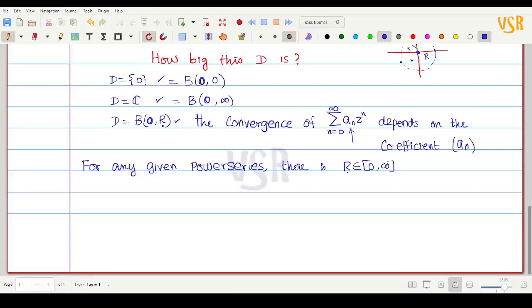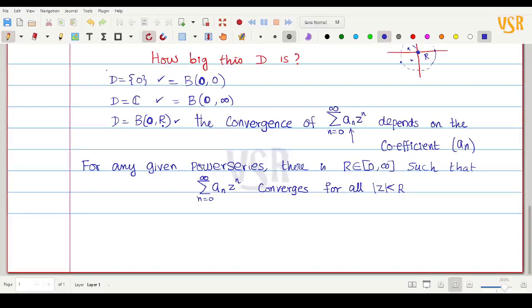So ball with radius R, that is R such that this power series summation n equal to 0 to infinity a_n z to the power n converges for all z with mod z less than R. இப்படி நான் ப்ரூஃப் பண்ண போறேன். எந்த பவர் சீரிஸ் கொடுத்தாலும் எனக்கு அட்லீஸ்ட் வெறும் 0ல மட்டும் தான் கன்வர்ஜ் ஆகும், வேற எந்த இடத்துலயும் கன்வர்ஜ் ஆகாது, அதுக்கு பாசிபிலிட்டி இருக்கு. இல்லைன்னா ஒரு ஃபைனைட் சர்க்கிளுக்கு உள்ள கன்வர்ஜ் ஆகும், இல்லைன்னா ஹோல் பிளேன்லயுமே கன்வர்ஜ் ஆகும். ஸோ these are all the 3 possibilities we are going to have.